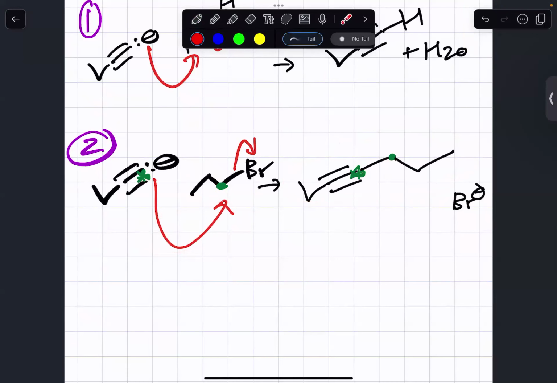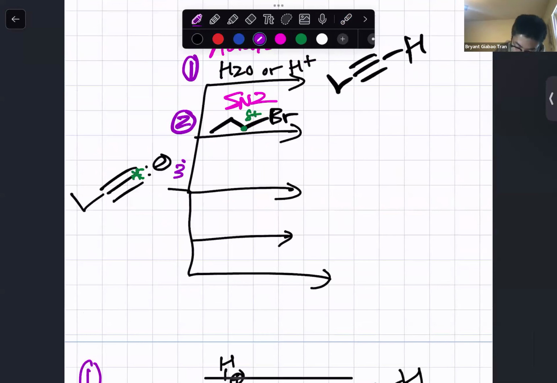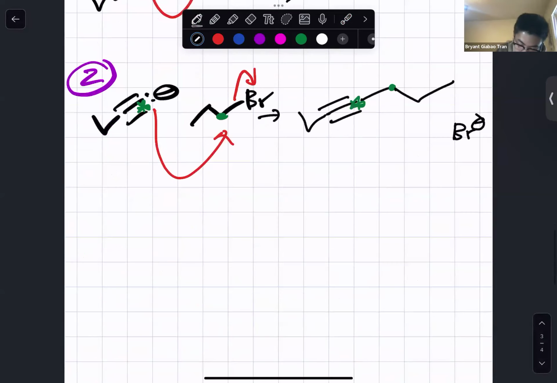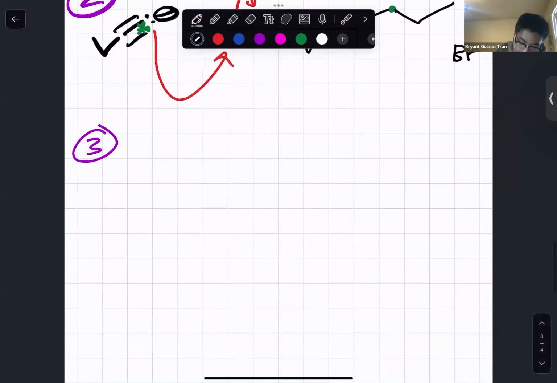Right? So the next reaction you can have is E2. If you have a secondary or tertiary haloalkane, like let's say this, then the reaction that is going to happen is E2 instead, where instead of this alkynyl anion acting as a nucleophile, it is going to act as a base.